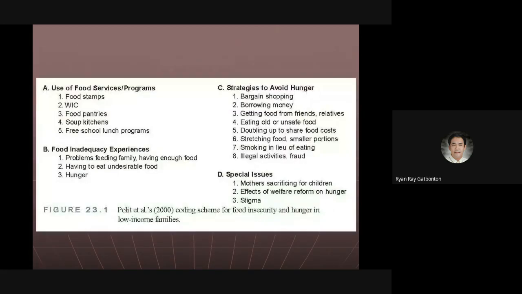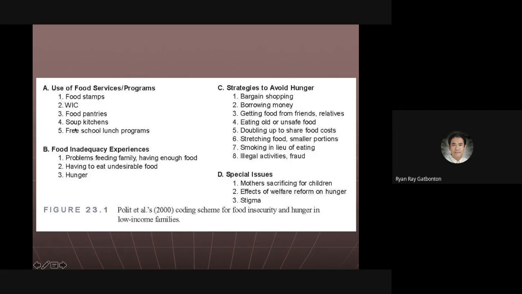So here's an example of a coding scheme. This one is an example from the research of Polit. She used a coding scheme for food insecurity and hunger in lower income families. So here are the codes.